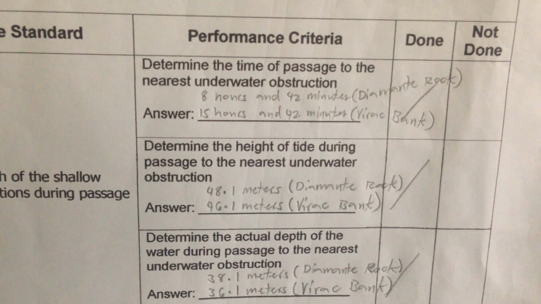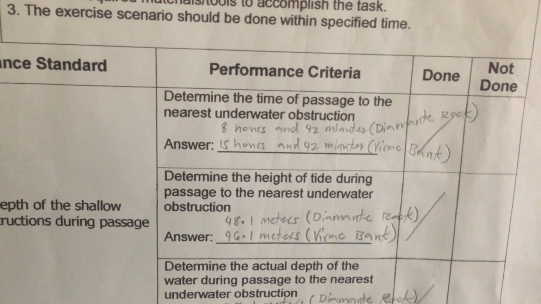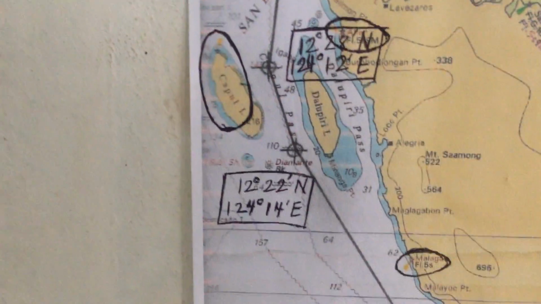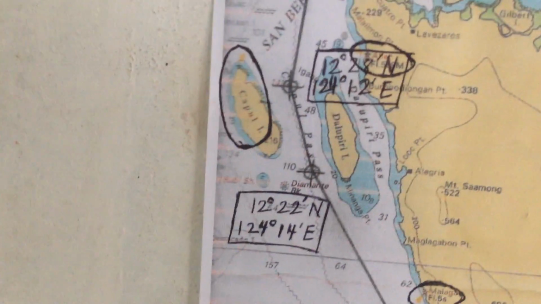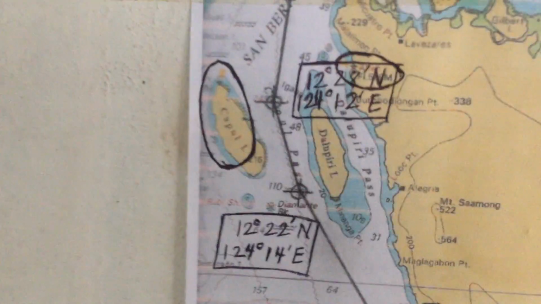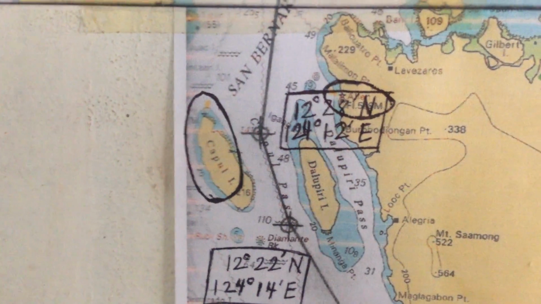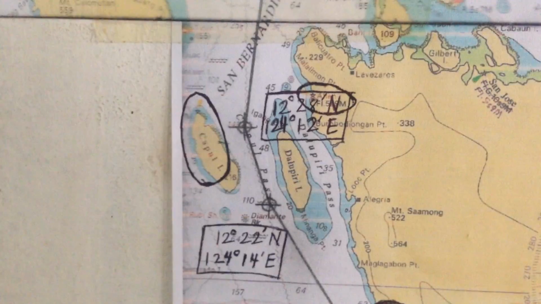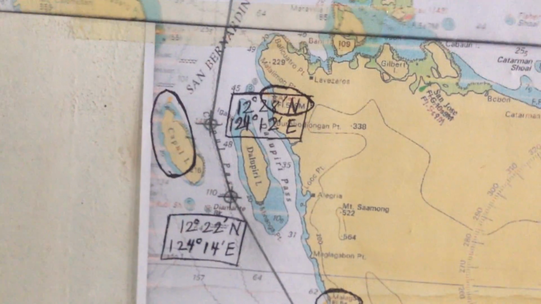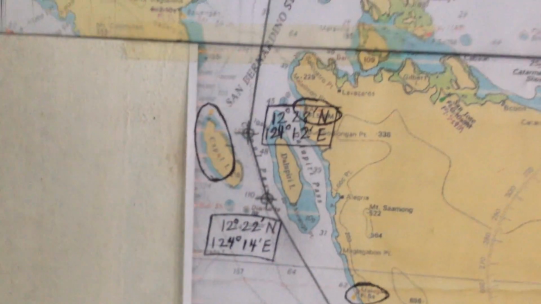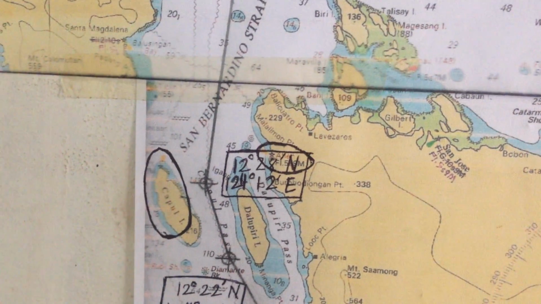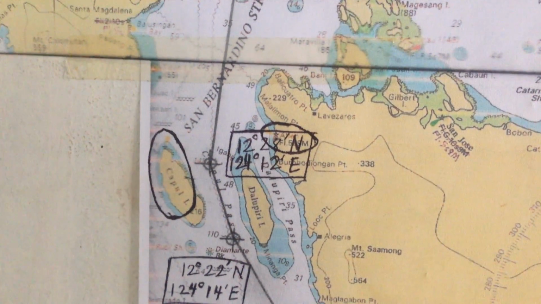Next is to determine the height of tide during the passage to the nearest underwater obstruction. This is Diamante Rock. I chose this 48, which is in meters, I guess, since it is UK, so let us make it meters. 48, so we already have the time.